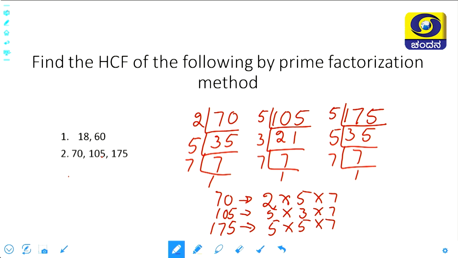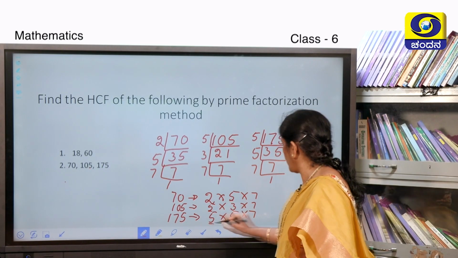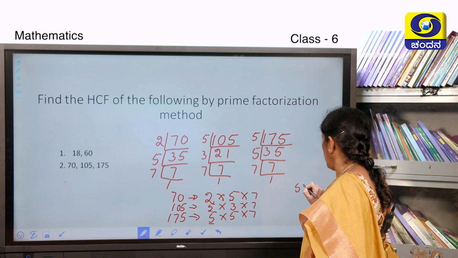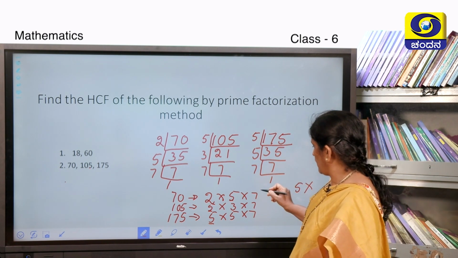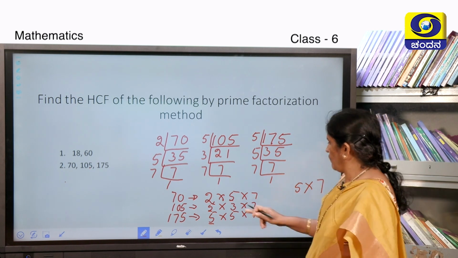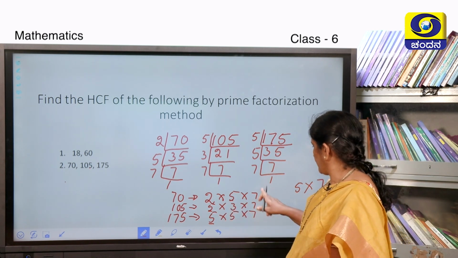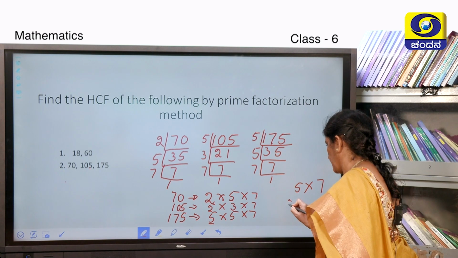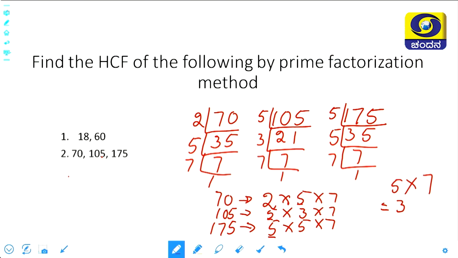Here which are common? This 5 and this 5. So, 5 is common. Next, this 7 is common. We can say only one 5 is common, and 7. 5 into 7 is 35. So, HCF is 35.